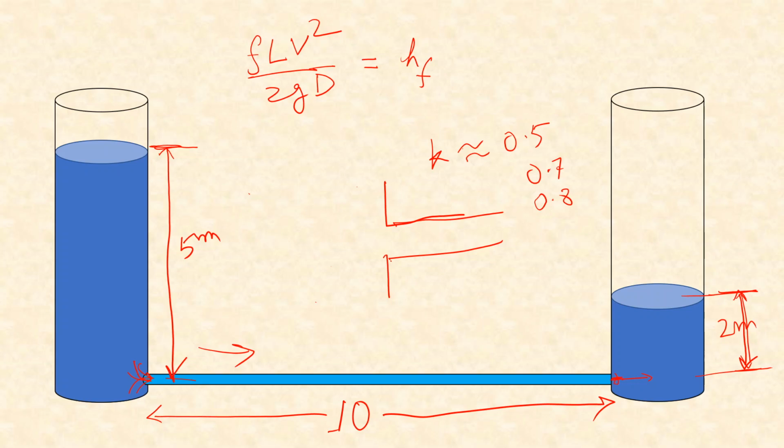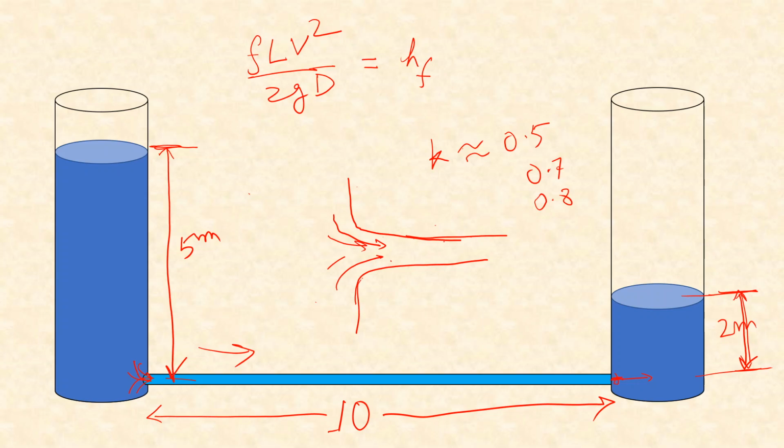Another way of increasing this coefficient or increasing the head loss is if you restrict this entrance. Then water will flow like this, and some more turbulence will take place here before the entire pipe is filled. We can reduce this head loss by making this transition easier or smooth. That can be done by this kind of a transition where this entry into the pipe from the tank will be very smooth and very minimum head will be lost.